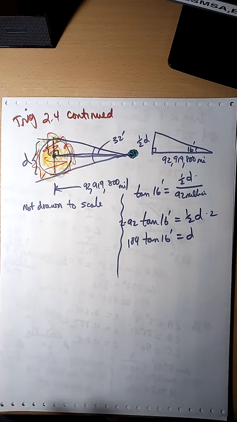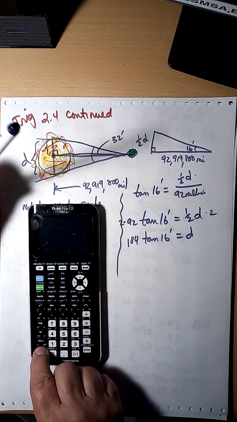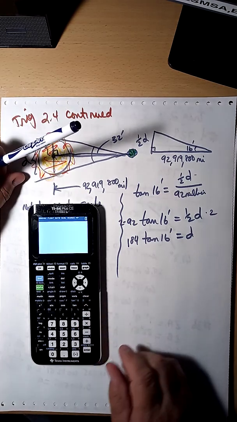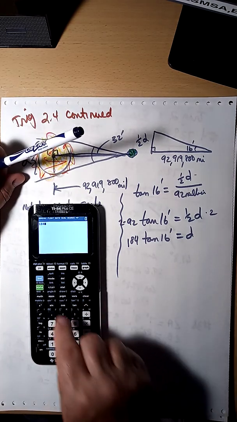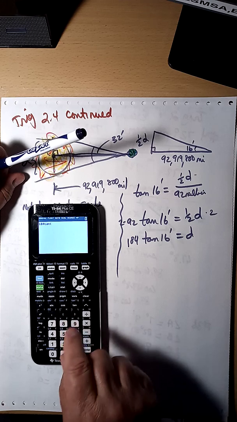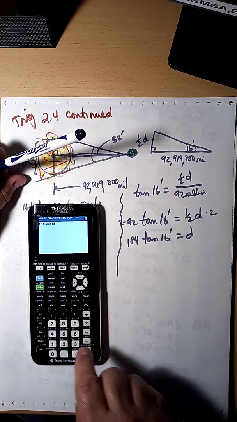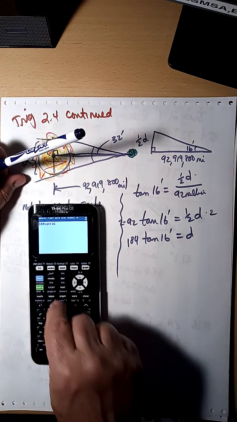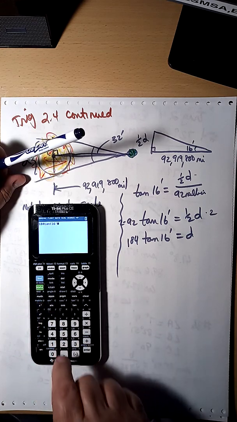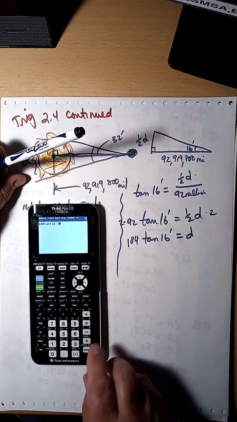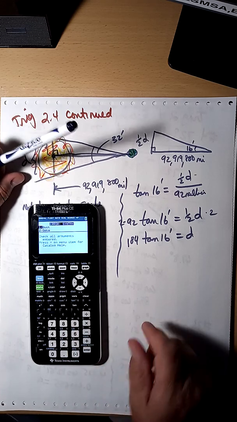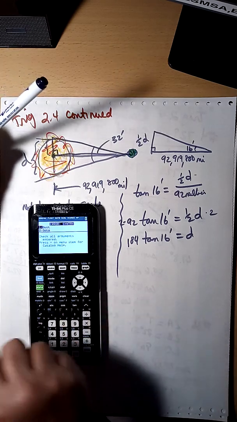Let's see if this works. So let's clear this out. 184 times the tangent of 16. I wonder if it'll let me do this. I haven't tried this one. See if it'll give me an error here. Yep, it does. I wondered about that.